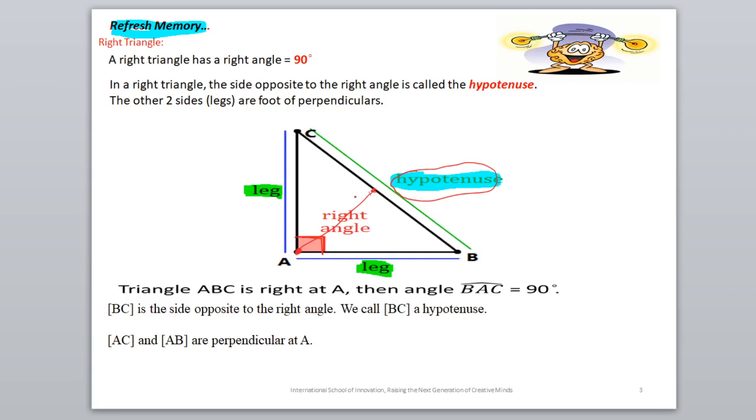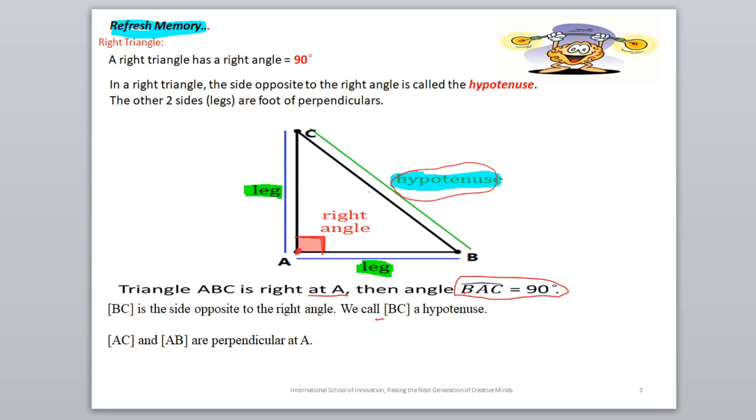Anyway, it's very clear to find the hypotenuse in a right triangle. So triangle ABC is a right triangle at A. Why? Since CAB is 90, or BAC, you may say that. So BAC is 90 degrees. BC is the side opposite to the right angle.